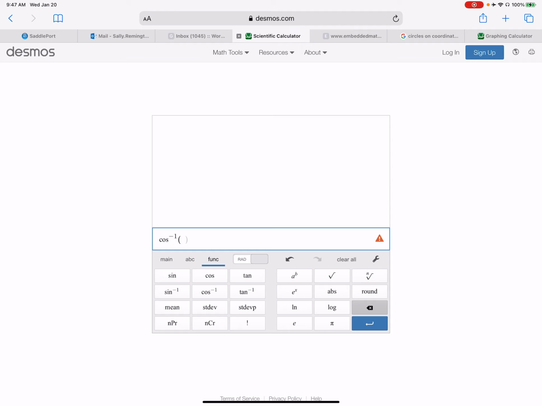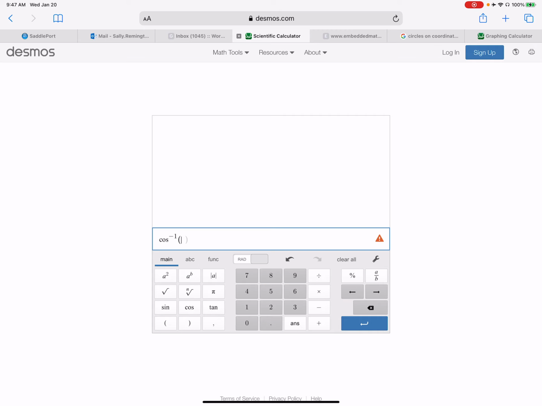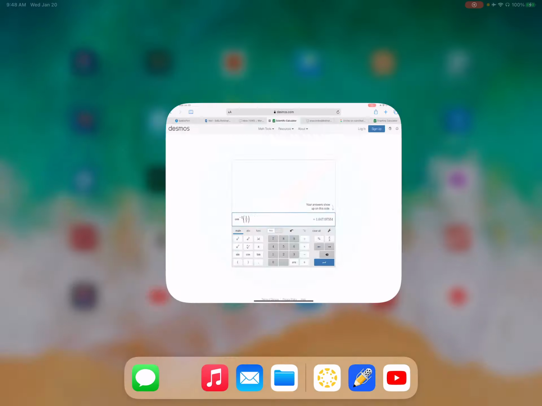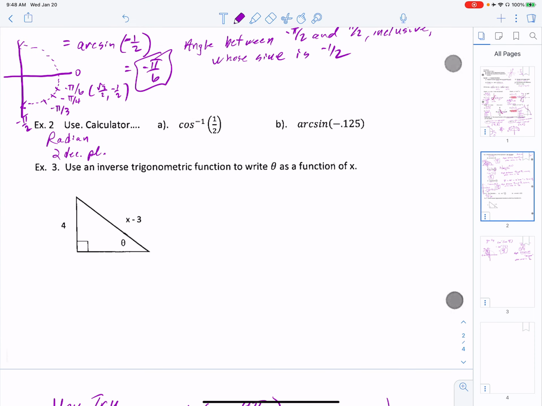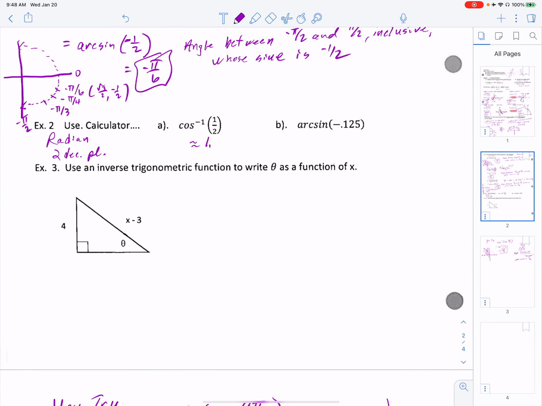That's not a reciprocal function. Inverse cosine of 0.5 is 1.047. So to 2 decimals, 1.05. You've got to make sure your calculator's in radians. And that's a real number, so there's no degree sign on it.